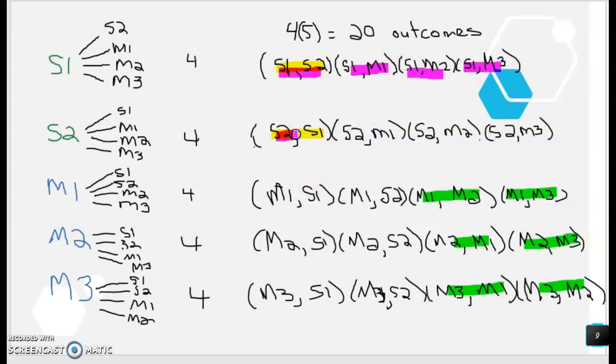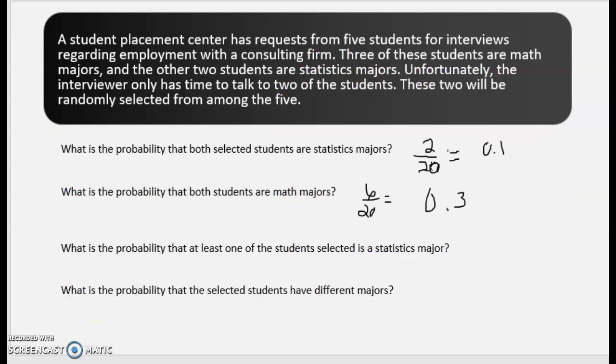So 4 there, 5, 6, 7, 8, 9, 10, 11, 12, 13, 14 of the 20 are going to have at least one of the students being a statistics major. That's 70% or 0.7.